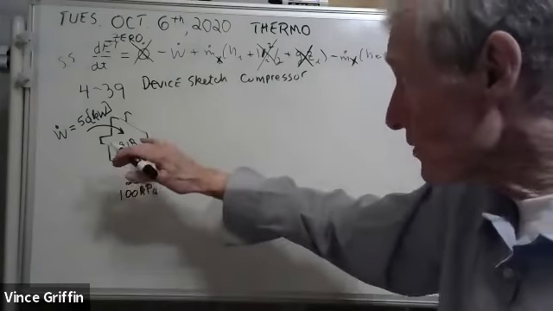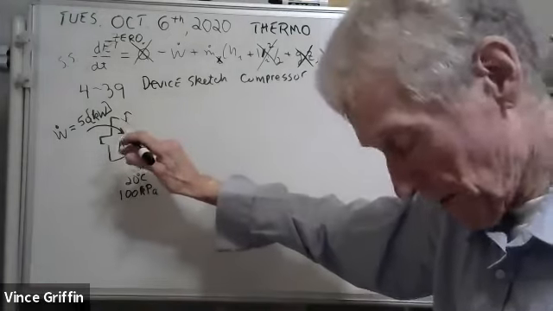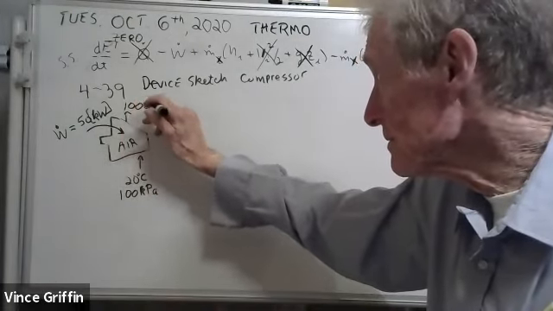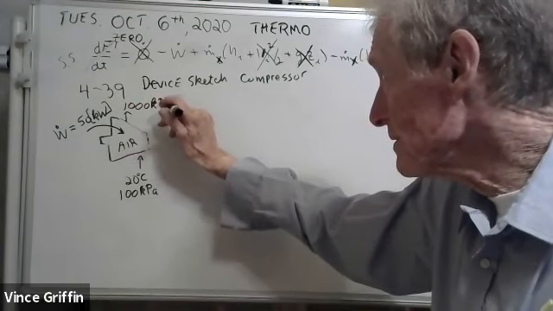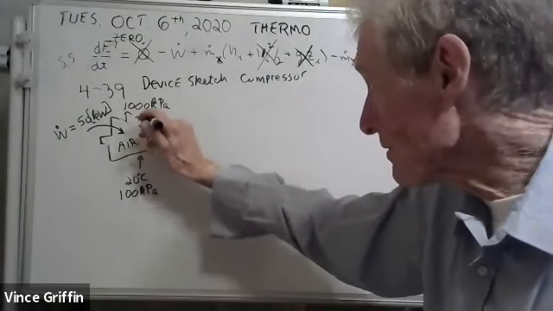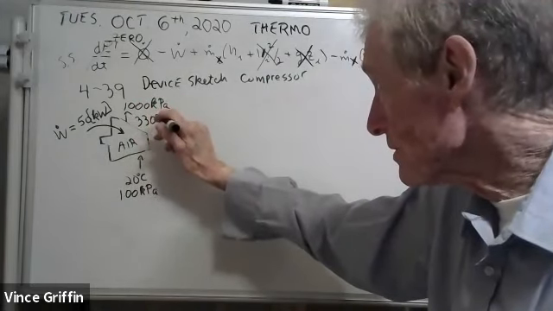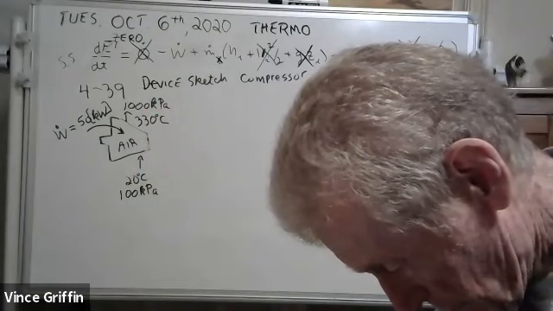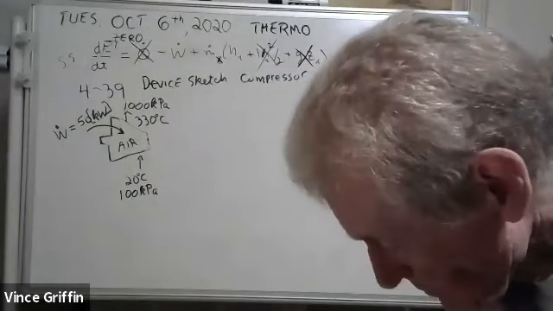But you're going through the compressor and you're coming out at 1,000 kilopascal and 330. Hey, it got hotter, didn't it? 330 degrees Celsius. Well, that's all the facts there.